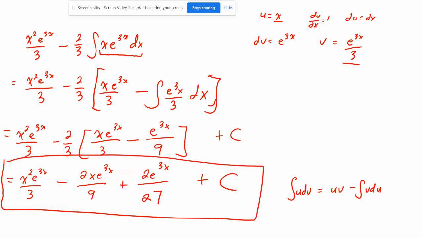All right, guys, I know this is a bit of a beast of a lesson, definitely a beast of an example over here. But this is how integration by parts works.